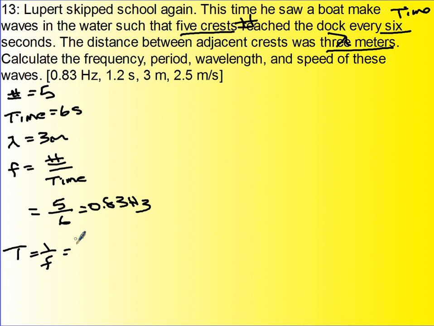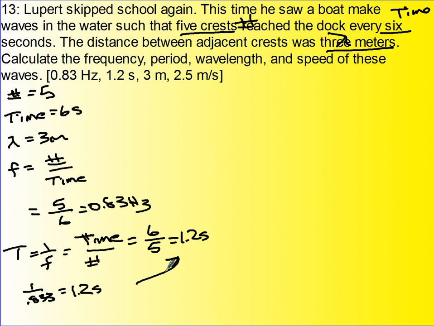Or you could put it as the total time divided by the number. It doesn't matter, you'll get the same answer. If I do 1 over 0.833, I get 1.2 seconds. If I do total time, 6 seconds divided by the total number, which is 5, I get 1.2 seconds. So you get the same answer either way.